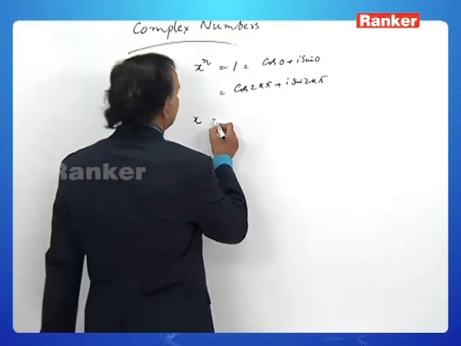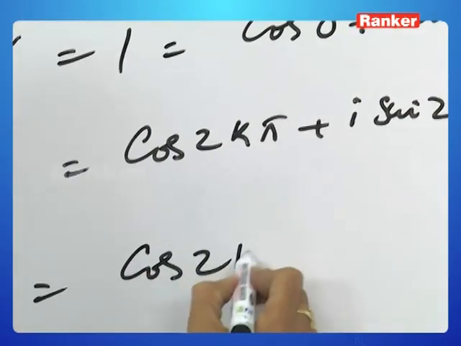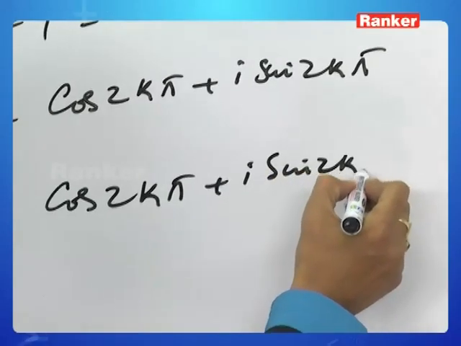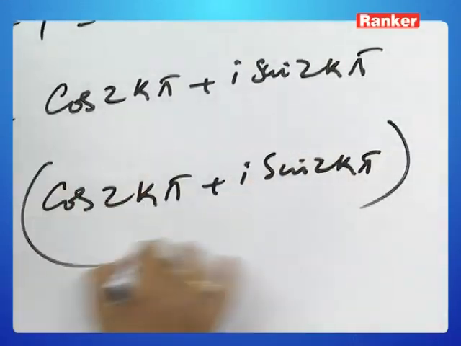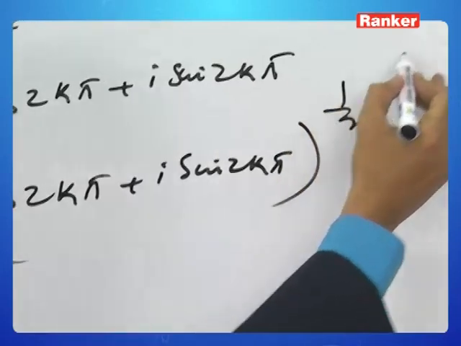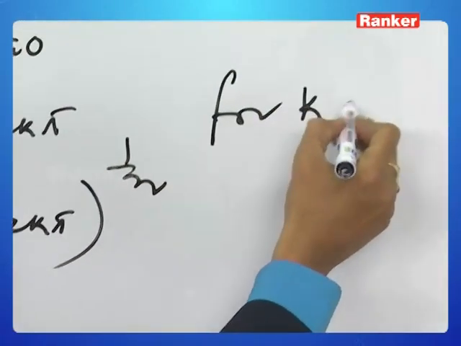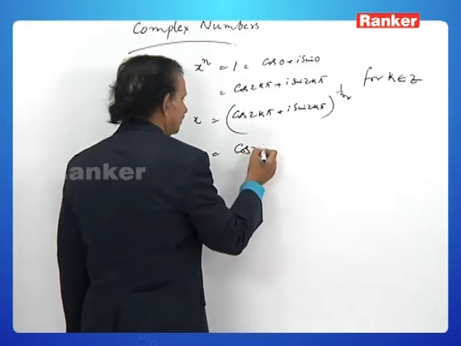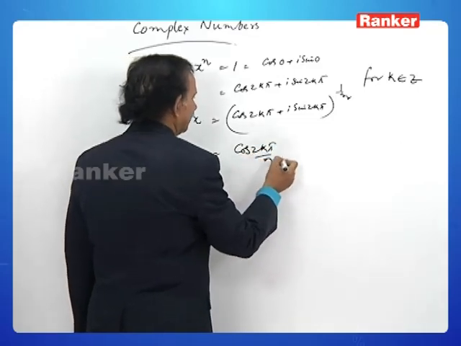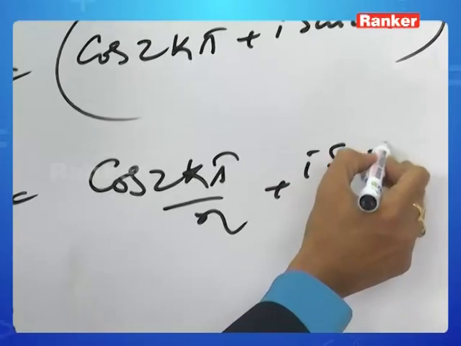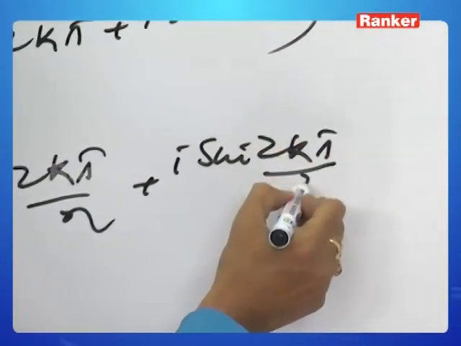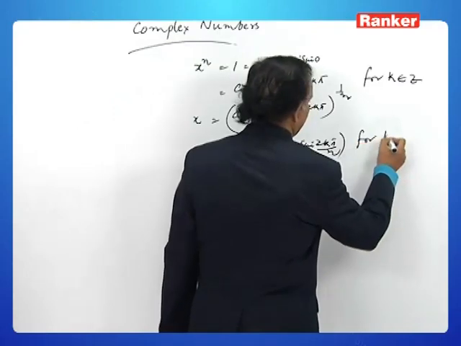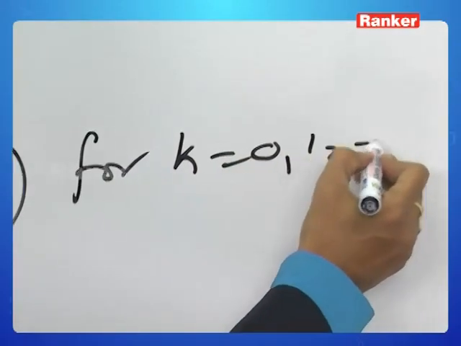So x is equal to cos 2k pi plus i sin 2k pi whole to the power of 1 by n, is equal to cos 2k pi by n plus i sin 2k pi by n. What is k? For k is equal to 0, 1, 2, 3, etc.